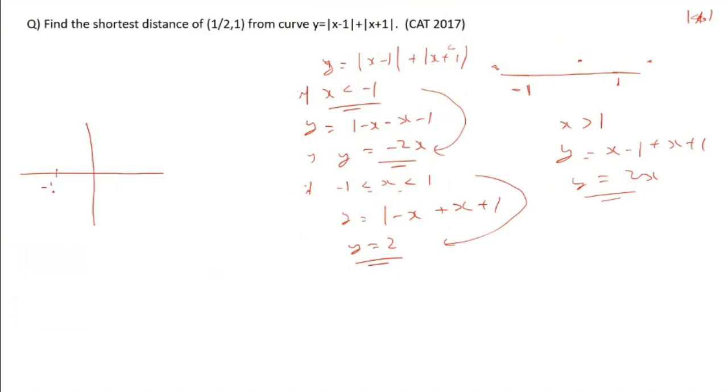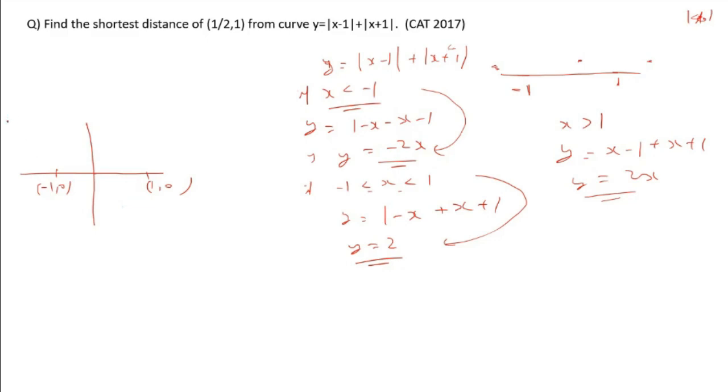Let's write -1, 0 and 1, 0. For x less than -1, the graph will be -2x. How do we plot -2x here? It will pass through the origin. Take any random point: for x equal to 1, y will be -2, so 1 comma -2 should be here.